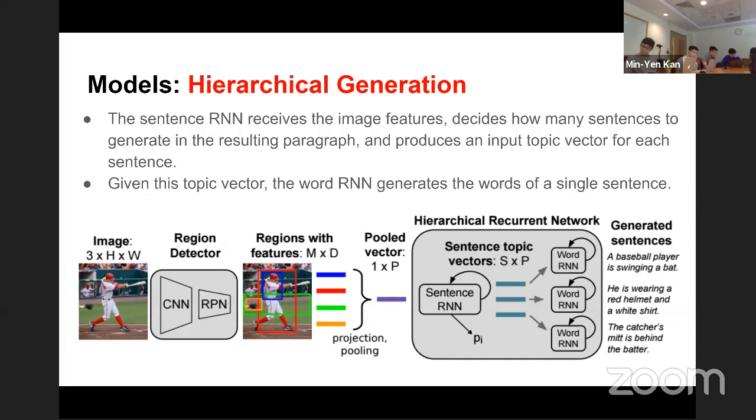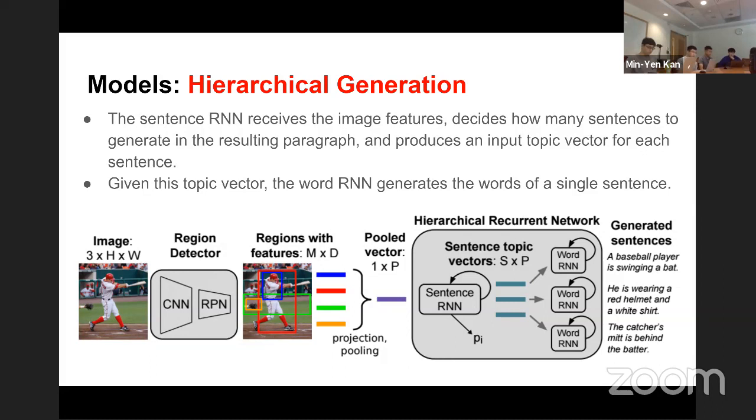image feature and also the region features into a hierarchical RNN. So why do they use a hierarchical RNN? Because they want to generate a paragraph. In this case, they must consider the coherence between sentences, or the relationship between sentences.